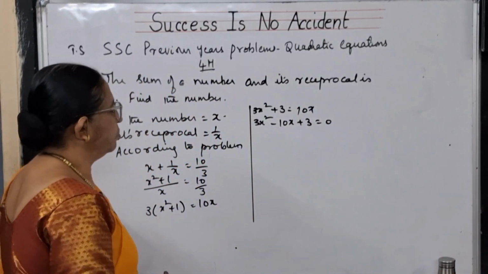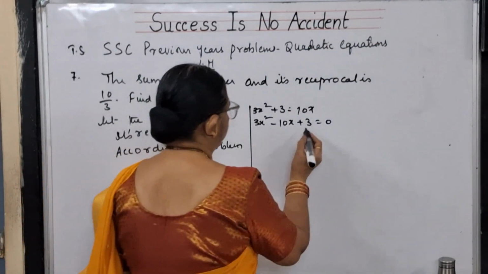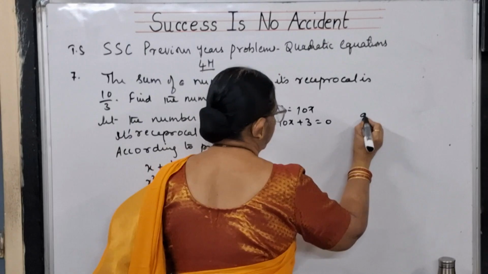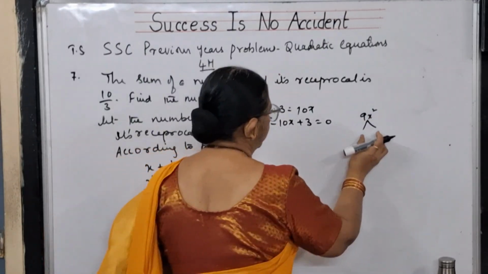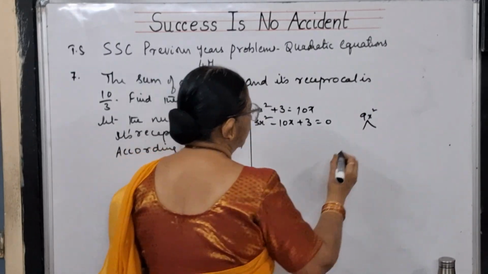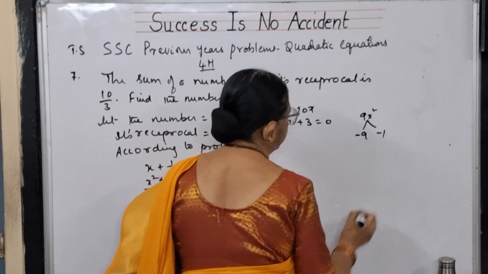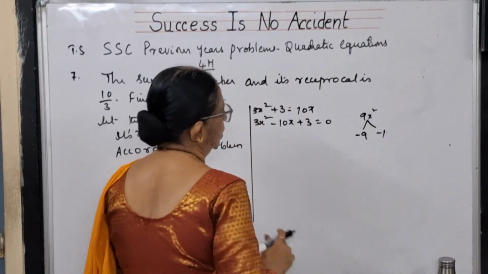Now splitting the middle term. 3 3s are 9x square. You have to multiply these two. 9x square should have two factors in such a way that if you add you should get minus 10, and if you multiply you should get 9. So if I write minus 9 and minus 1, minus into minus is plus, 9 ones are 9.